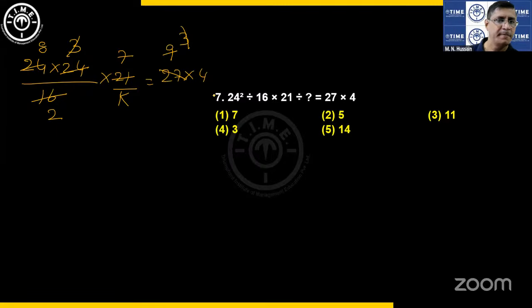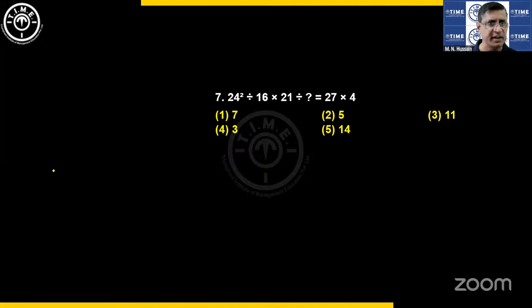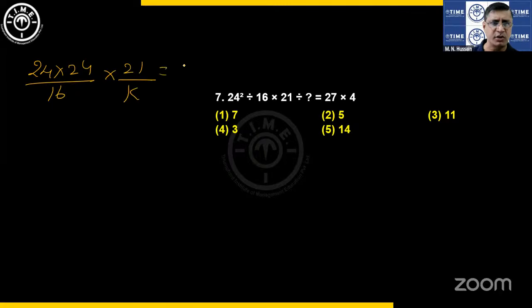Okay. Now, what is the value of k? Let me write once again. 24 square means 24 into 24, divided by 16 into 21 by question mark, is equal to 27 into 4. 8 2 times, 8 3 times.